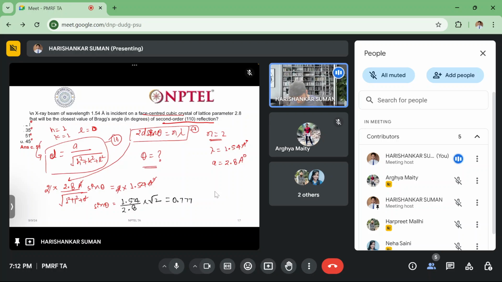Answer is C. Option C. So what is this value? It's 50.